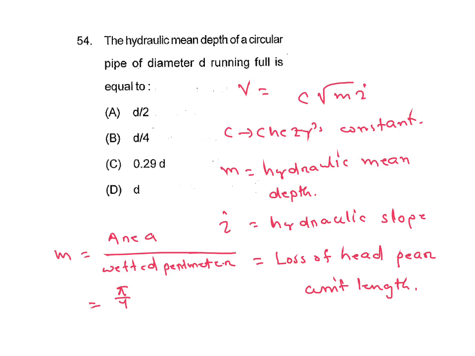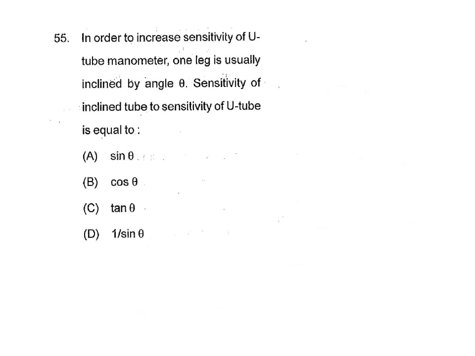Wetted perimeter is pi D. Then D by 4. So B is our answer.